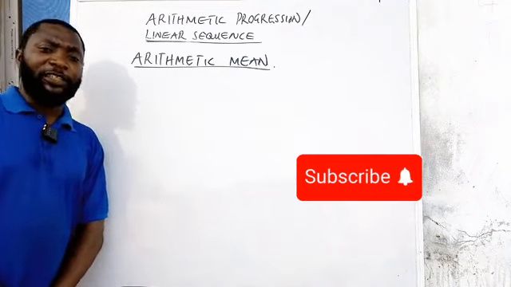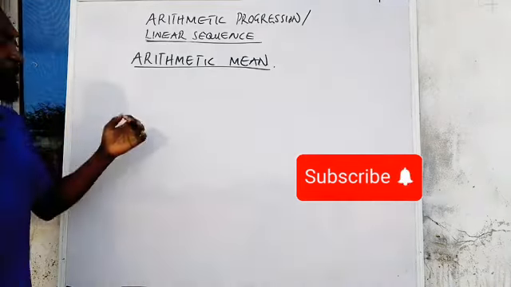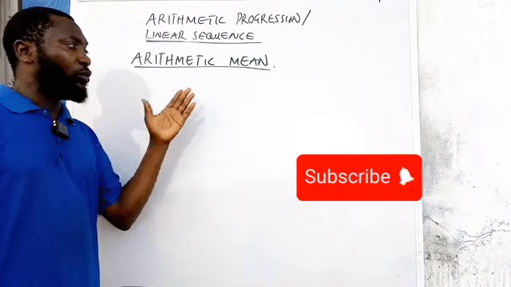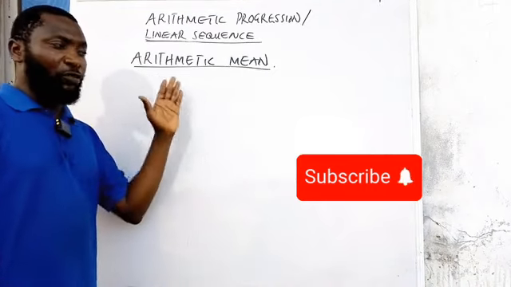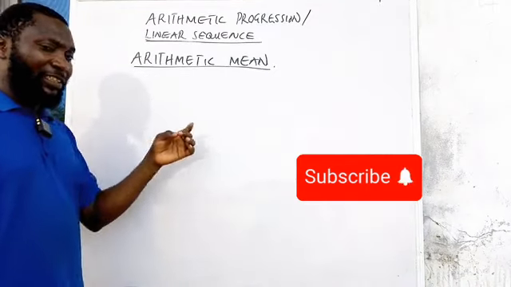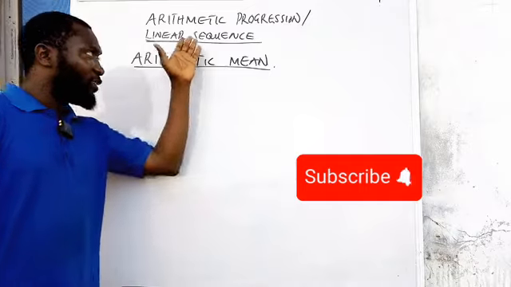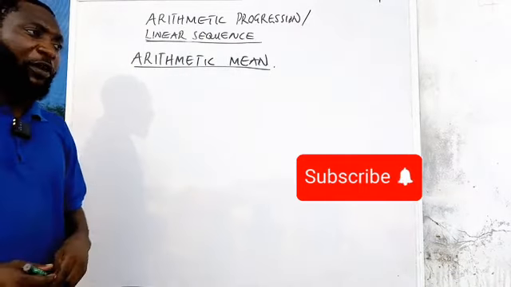So what do we mean by arithmetic mean? Arithmetic mean is a term between two members of a sequence such that the sequence is an arithmetic progression. What do I mean by that?